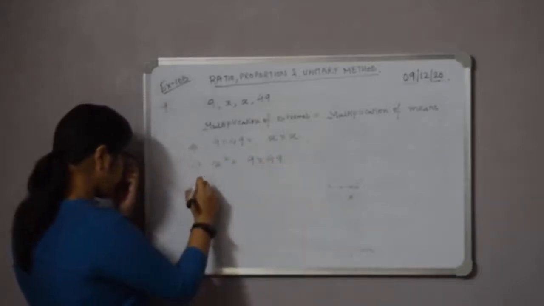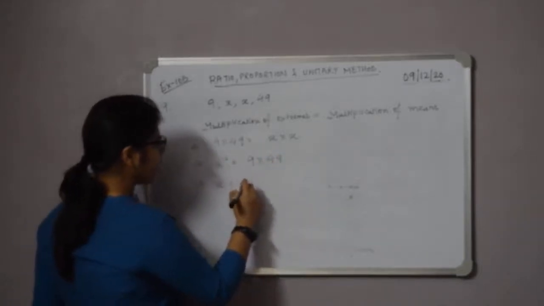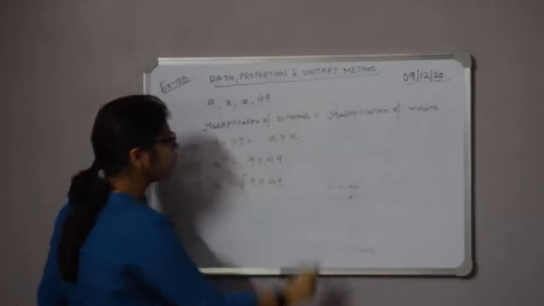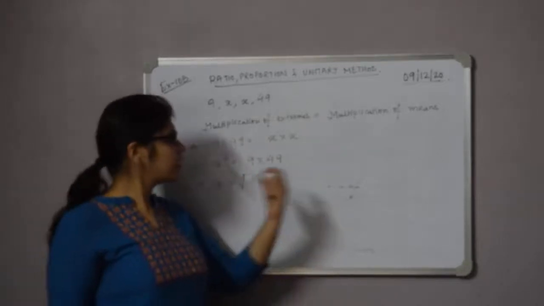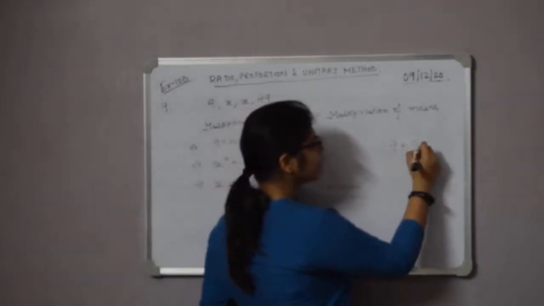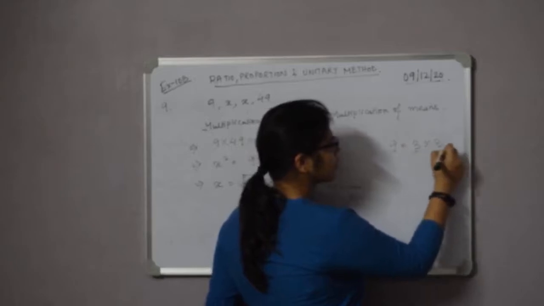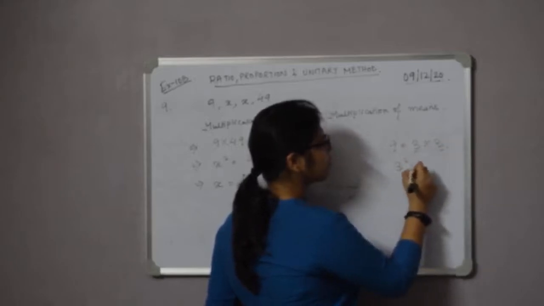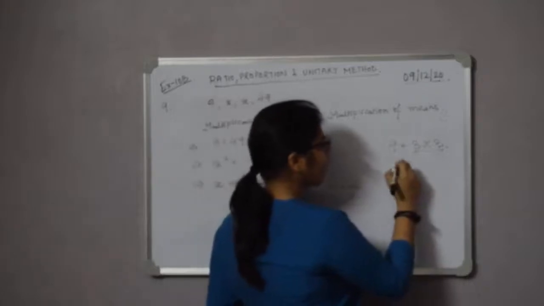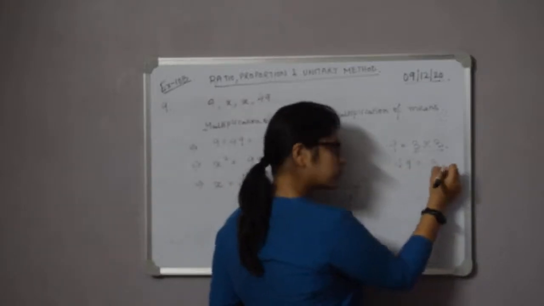If we want to find x, we have to find the root of 9 into 49. Individually, 9 we can express as 3 into 3, so the square of 3 is 9, or root 9 is equal to 3.